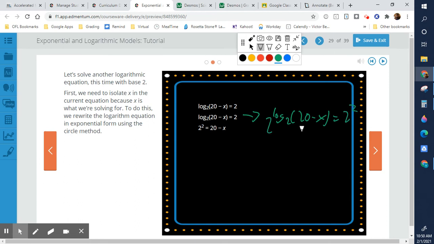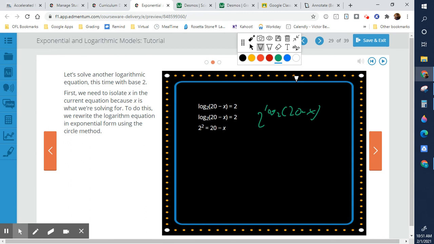We're raising both sides to this 2. That cancels this part out. That's why we have 2 to the second equals 20 minus x. They kind of ignored the fact that we're raising it to the second power. So we're raising this side 2, and the power is log base 2, 20 minus x.